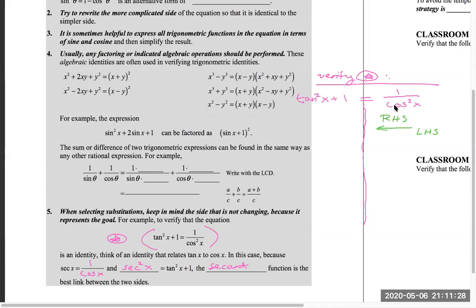So 1 over cosine squared x is 1 over cosine x, the quantity squared, which is secant x, the quantity squared, which is secant squared x, which has the identity tangent squared x plus 1. Sides match, we're done.